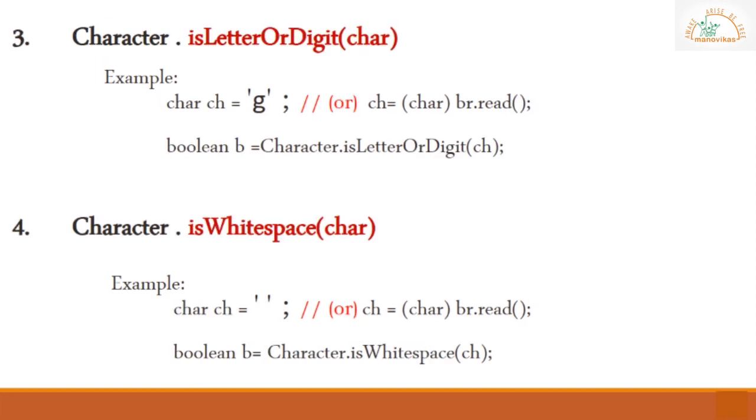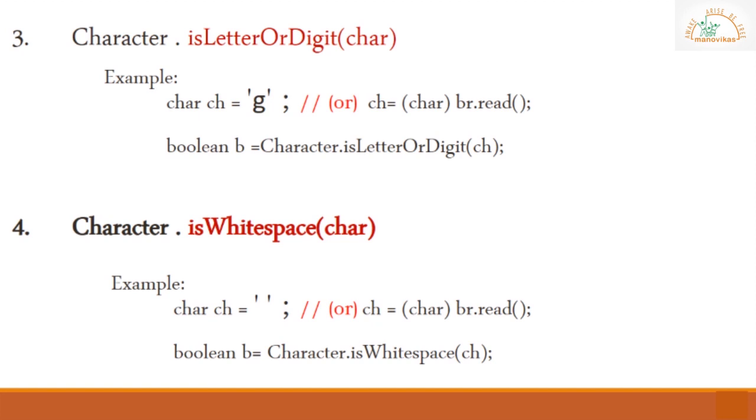The next function is isLetterOrDigit of a character. This function will check if the inputted or the assigned value is a letter or a digit. If it is so, it will give the result as true, otherwise the result will be false. For example, char CH is equal to G. G is a letter, everyone knows.